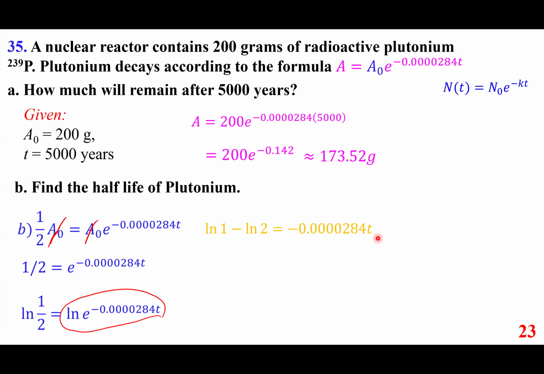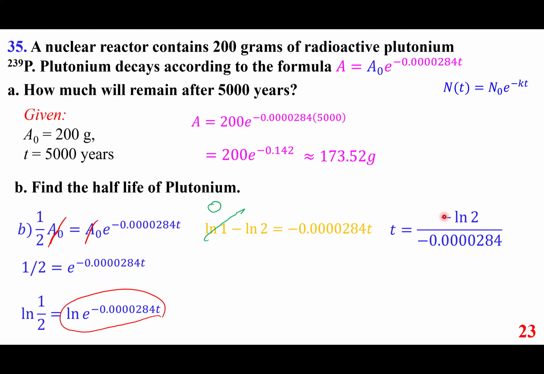So what is t? It is the left side divided by this number. Remember, ln 1 is 0, everybody. And you can drop the negative or keep it, it doesn't matter, they will cancel each other. So minus ln 2 over minus 0.0000284. The negative signs cancel out.